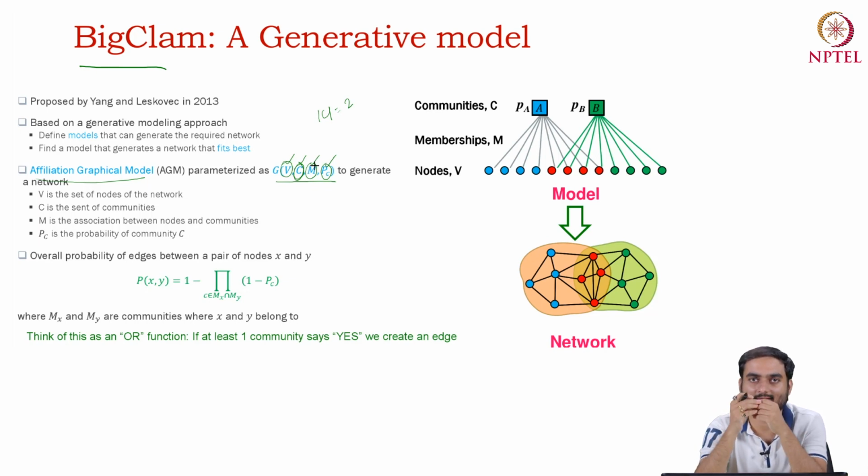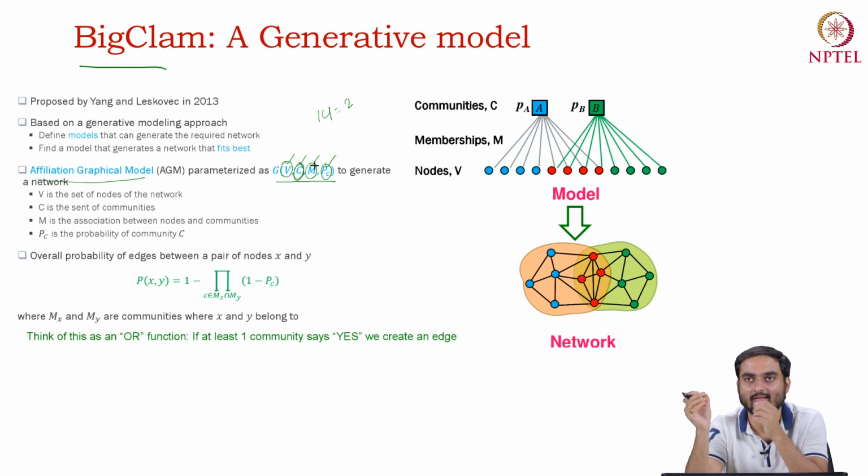And it actually makes sense if you think carefully. Let's say two individuals, two persons. They go to the gym together, they go to the music club together, they go to some drama society together. So it is highly likely that they are also friends. Now think of two cases. In the first, two friends go together to a gym and that's all.